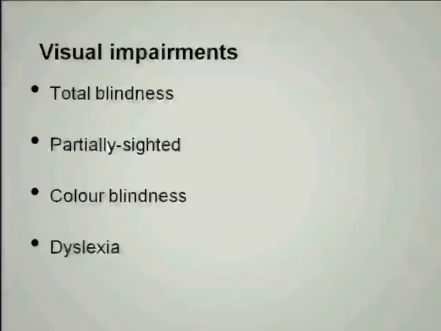So we have visual impairments. These can include total blindness to full-sightedness. So you could have somebody who needs a screen reader, somebody who uses a screen reader just as assistance, or somebody who uses a magnifying program that will magnify the screen. There's also color blindness. A lot of people don't realize or don't consider color blindness.